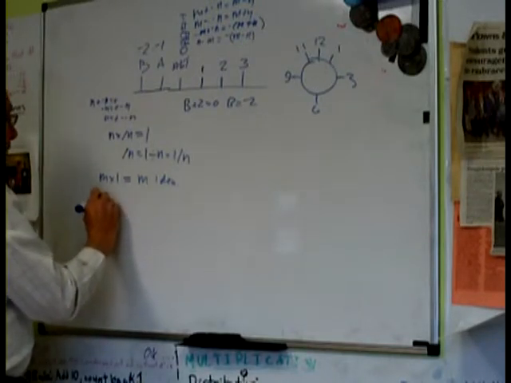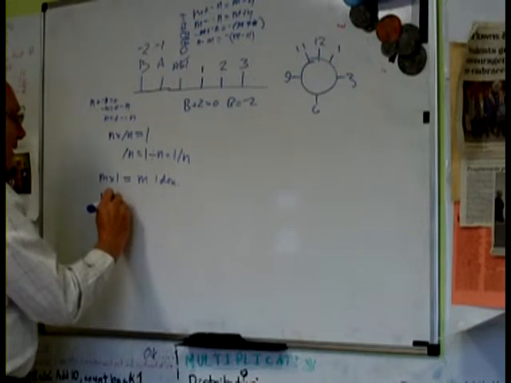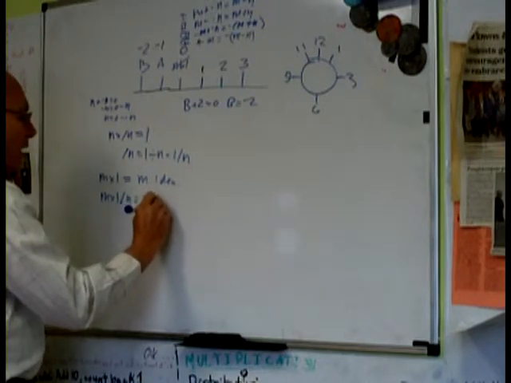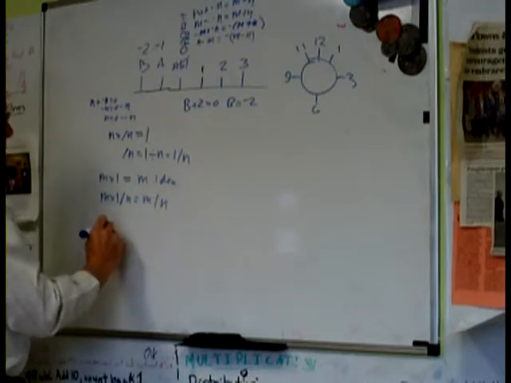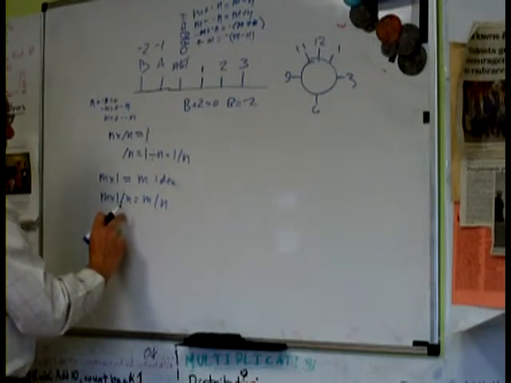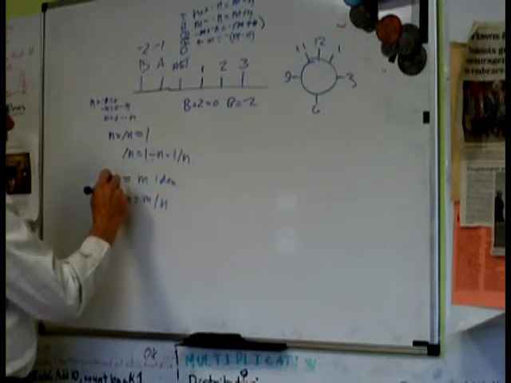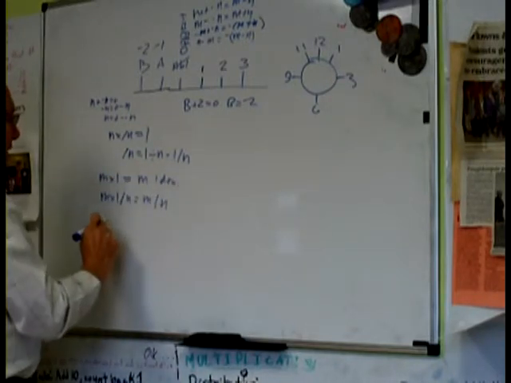Now we take, and instead of subtracting, we divide by n. I'll just put a slash there, equal m divided by n. And what we find in this particular case, that 1 divided by n is equal to slash n.